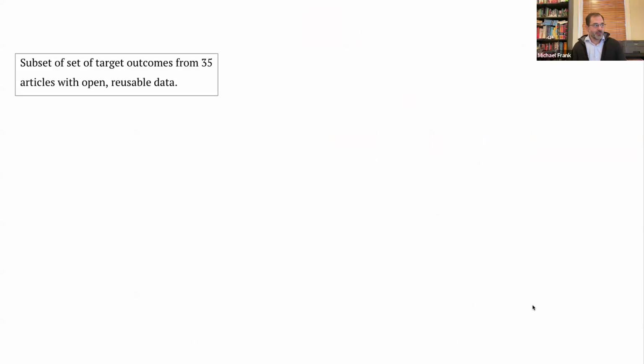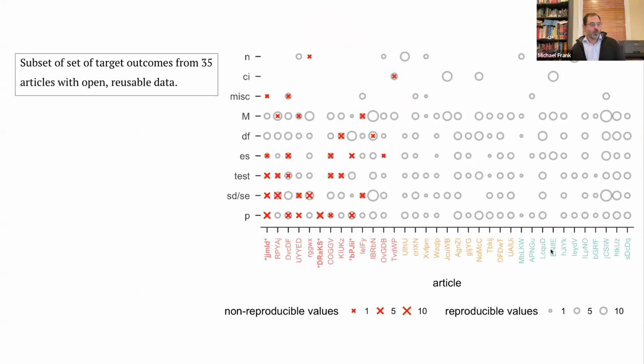So from 35 articles with open reusable data, for these ones in green over here on the right, we were able to reproduce all their values without any help from the authors, and that was really great. For the yellow ones, we had to reach out to the authors, but with the authors' help, we were able to get the information we needed to reproduce all of the values.